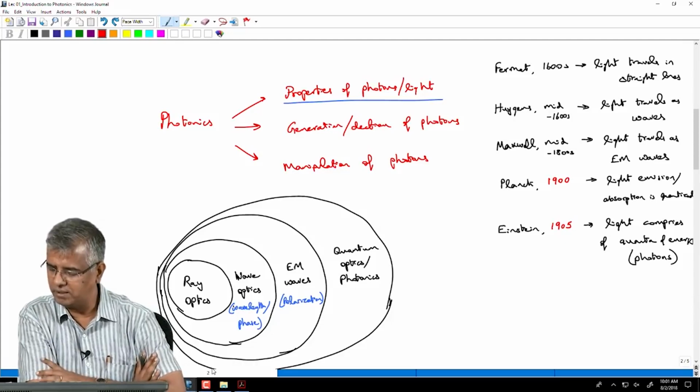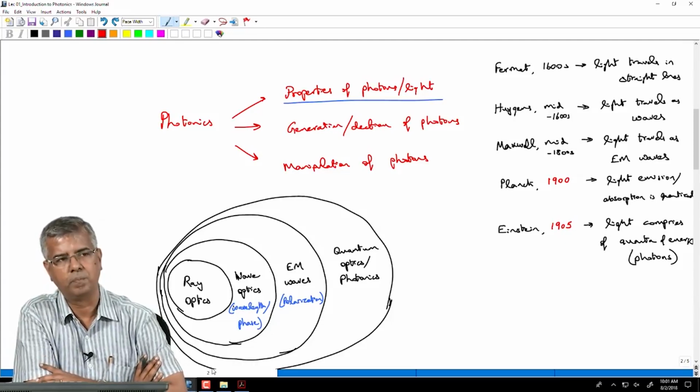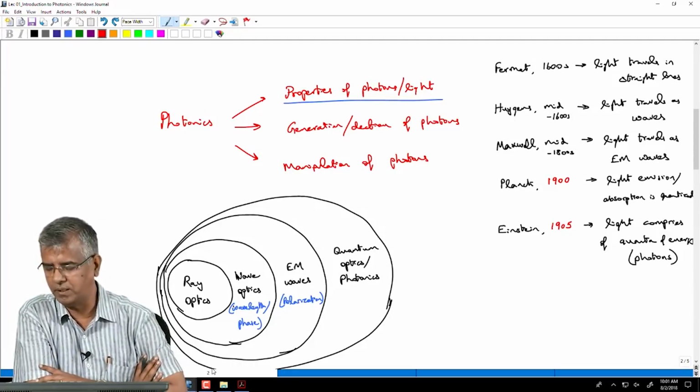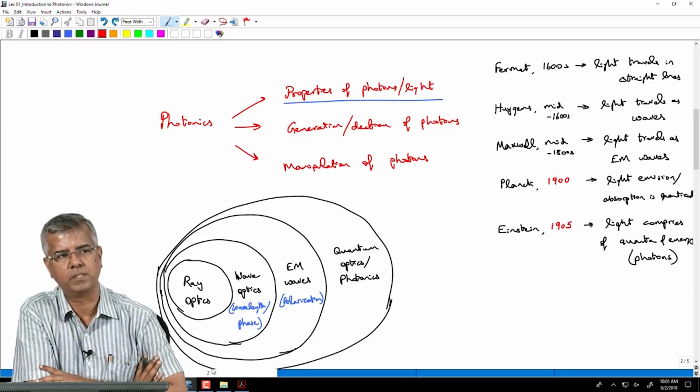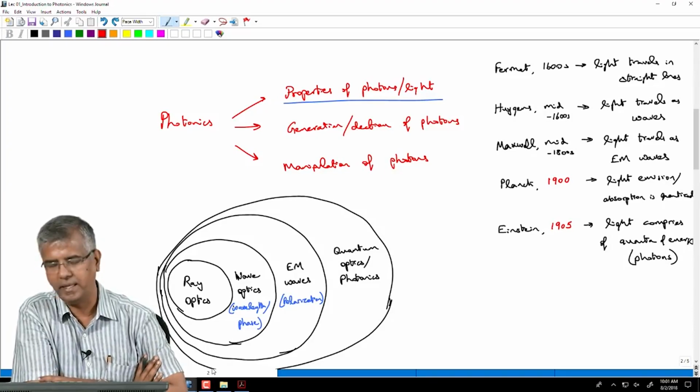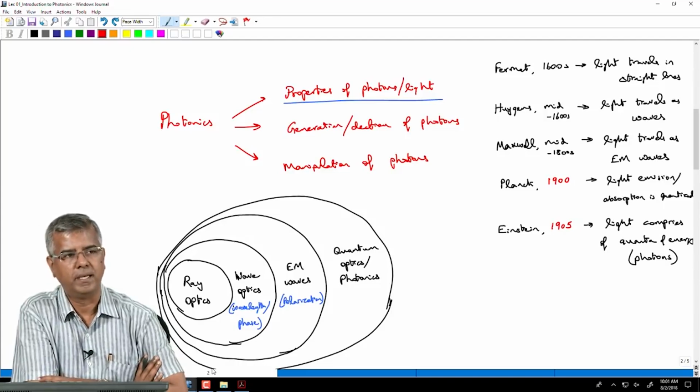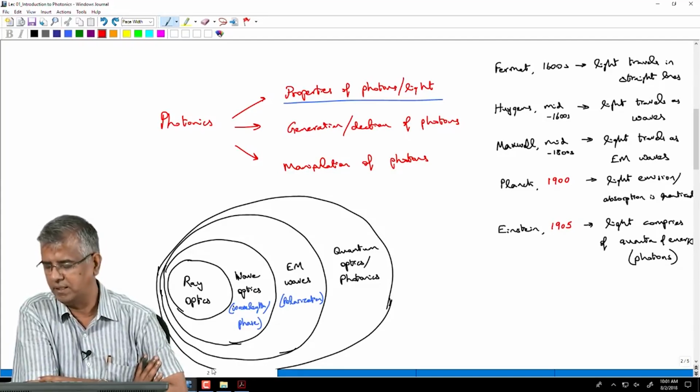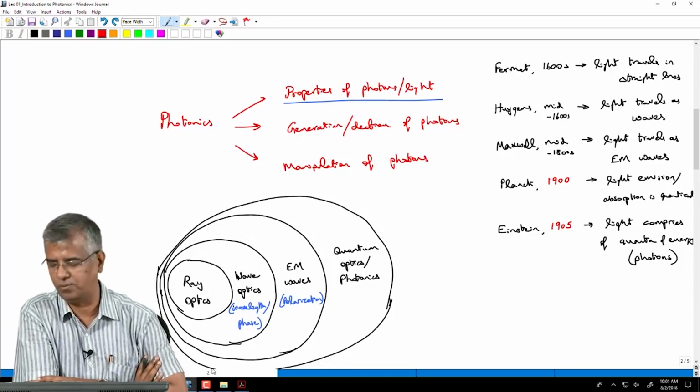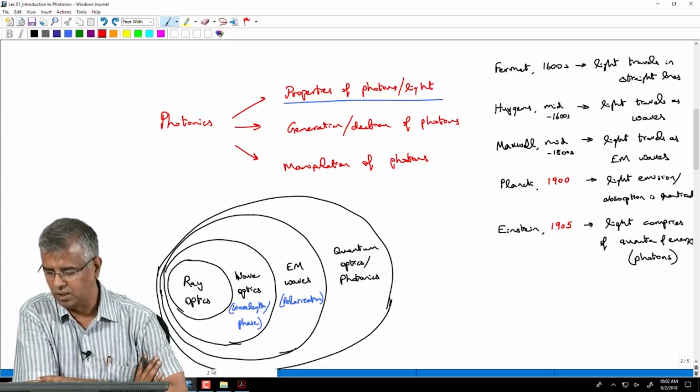And then I got the year wrong. Planck actually came up with his paper in 1900, essentially saying that light emission and absorption are quantized, and then that was followed by Einstein's observation that light itself comprises quanta of energy, which later on were defined as photons.